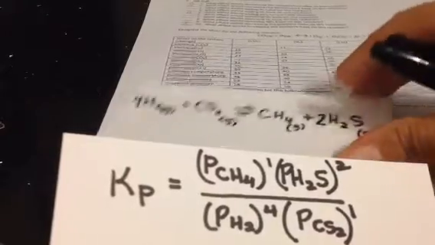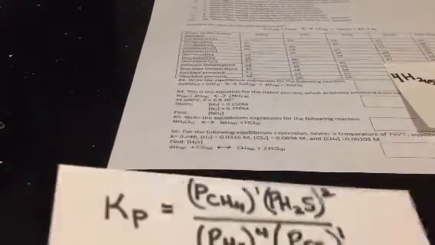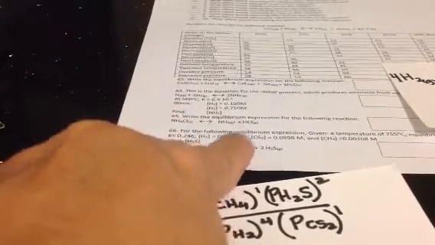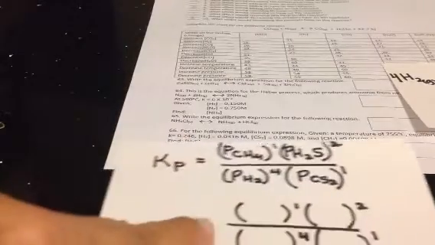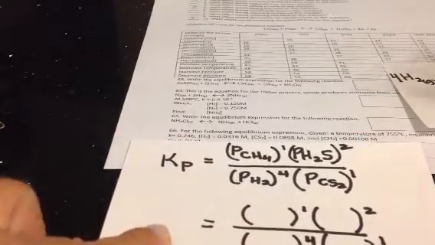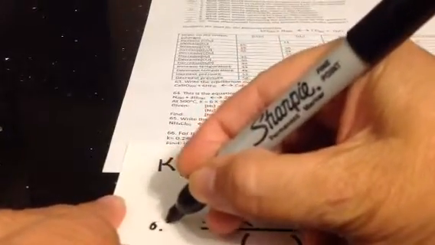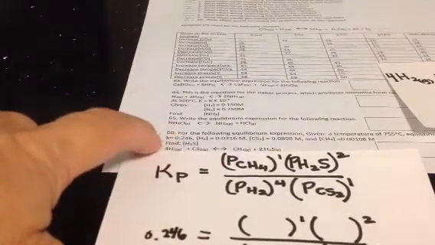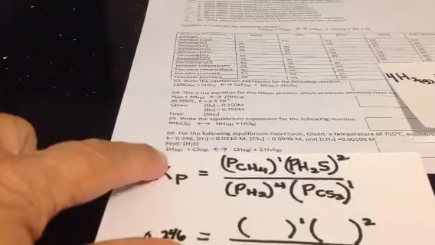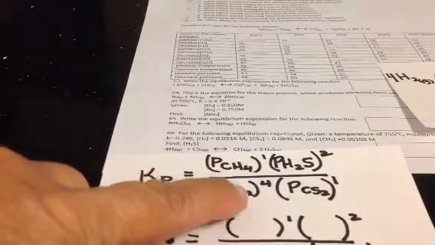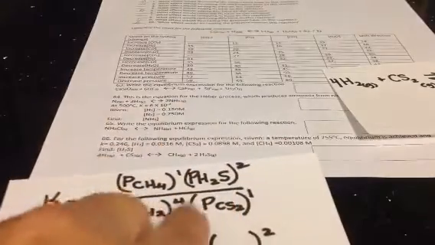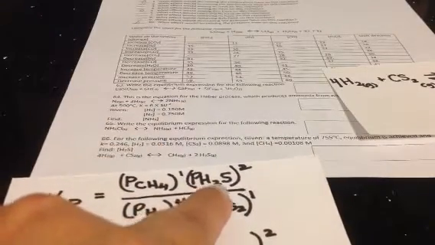Now, this particular problem is asking you to substitute in numbers for the different aspects. They've given me the K. So in the spot where the K is, I'm going to put in 0.0246 because that's the number they told me was for the constant. Okay, and then I'm going to plug in the CH4. That number for the CH4, I go look for it, is right here, 0.00108. Then I'm going to plug in for the H2.